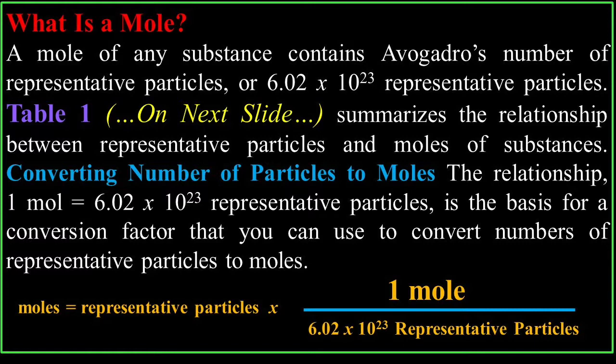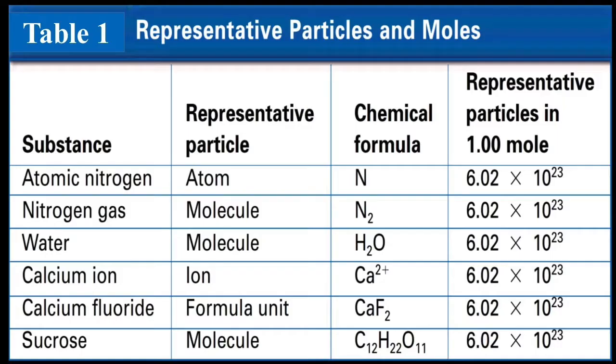Moles equals representative particles times the ratio of 1 mole over 6.02 times 10 to the 23rd representative particles. You look at the number of particles in each mole. It's all the same, 6.02 times 10 to the 23rd.